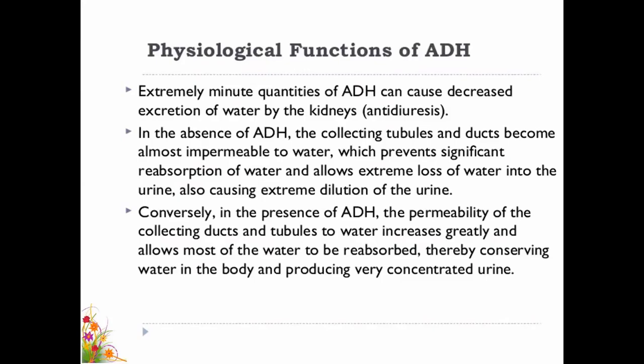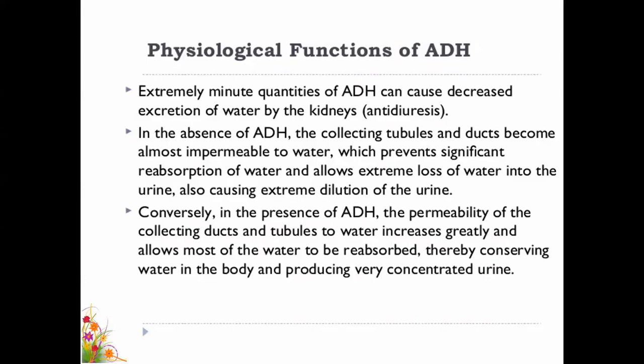So when there is absence or low concentration of ADH, the collecting tubules and ducts, those are the parts of the nephron of the kidney, become almost impermeable to water, which prevents the significant reabsorption of water and allows extreme loss of water into the urine.